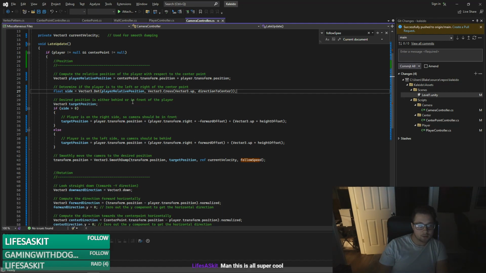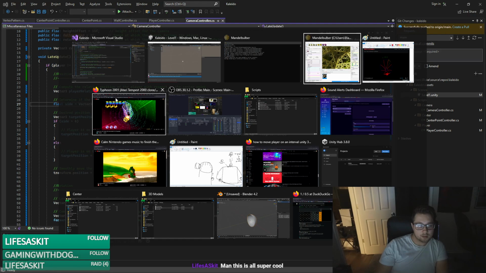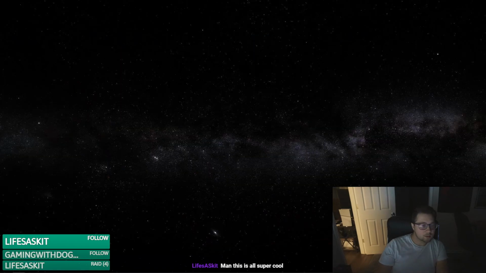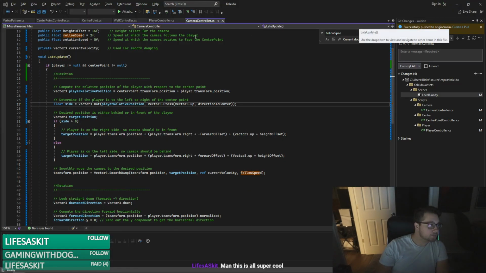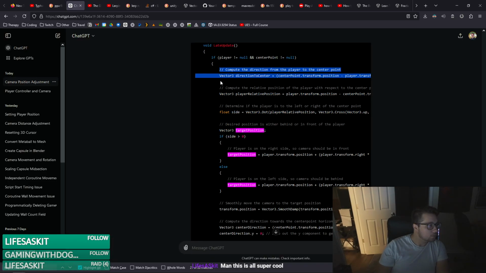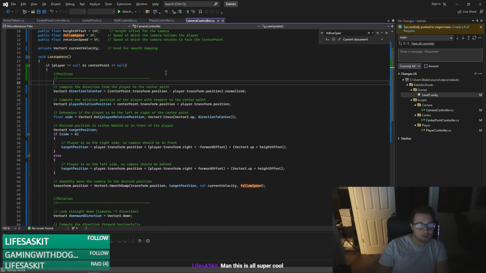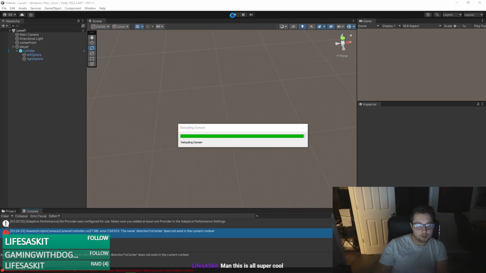Direction to center. Oh, did I delete that? I totally did. Okay. Let's see.